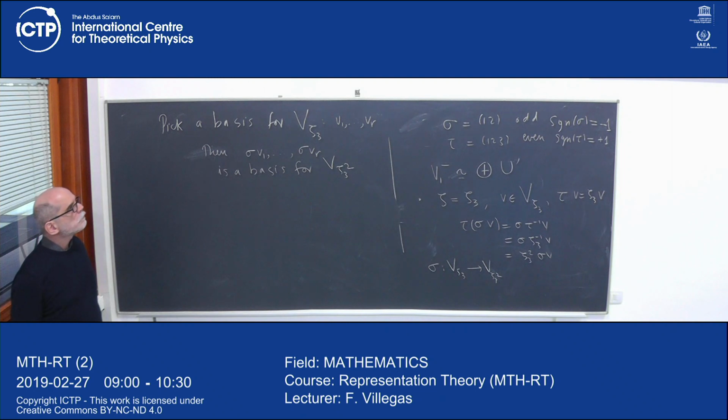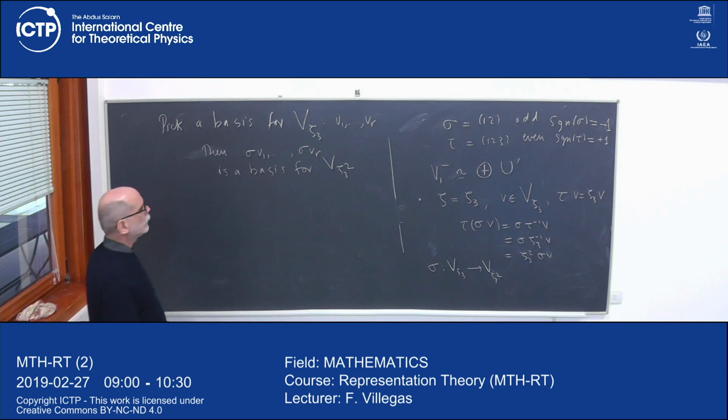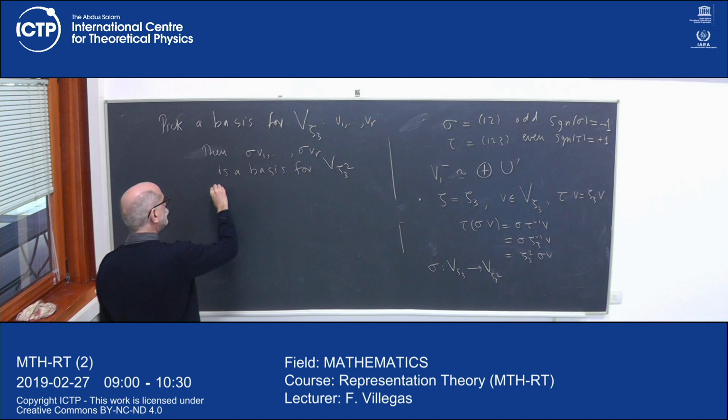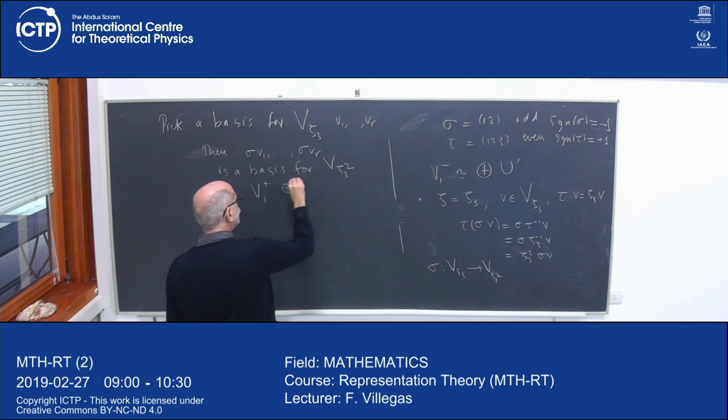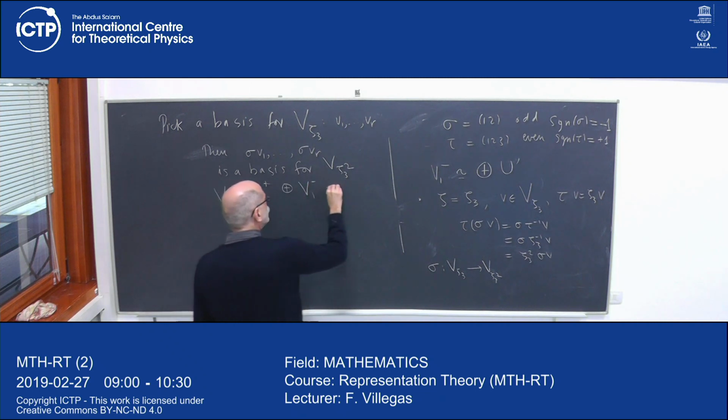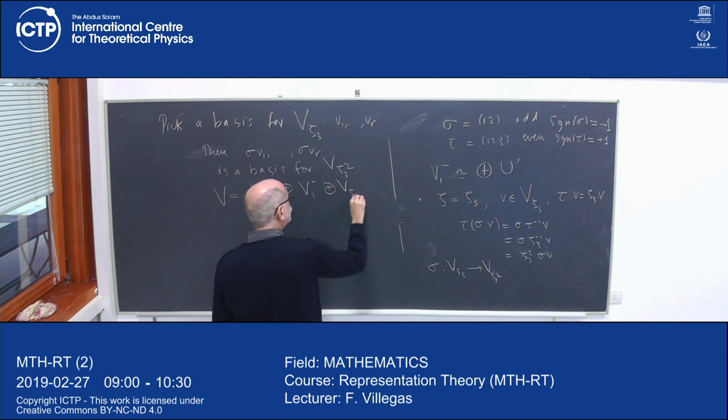And what I can do now, so let's see where we are. V was v1 plus, direct sum v1 minus, direct sum v3, v zeta 3, direct sum v zeta 3.